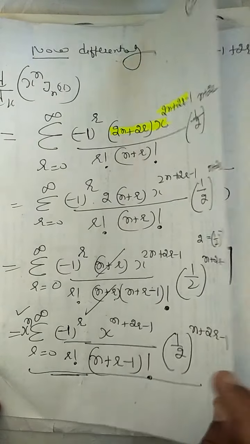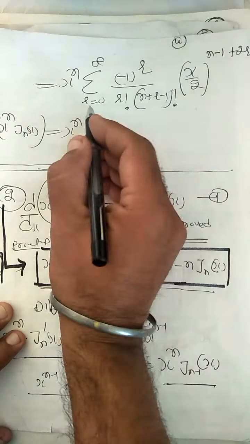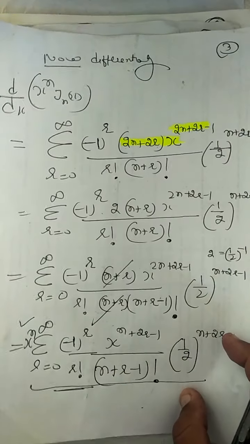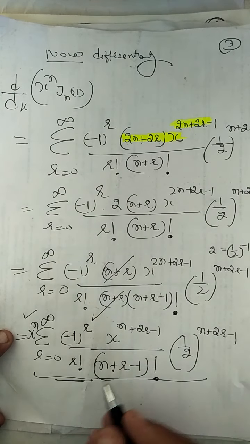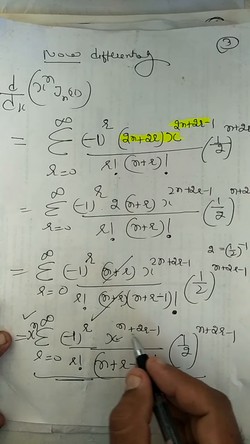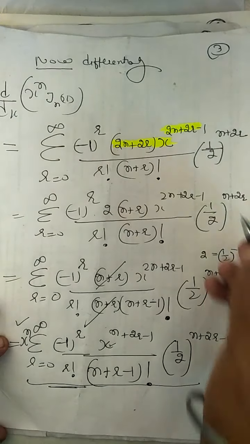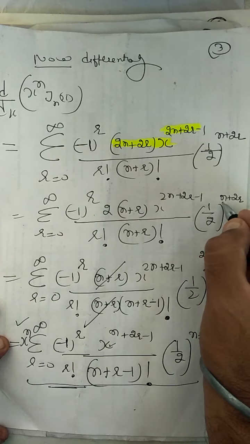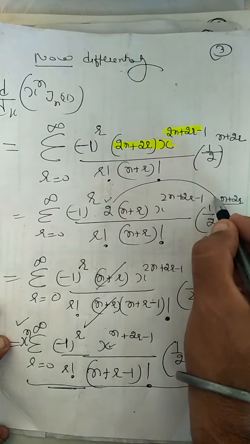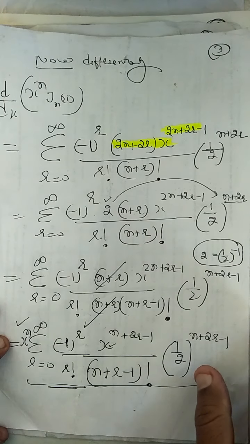Now see the adjustment. Minus 1 raised to the power r. x has the power n plus 2r minus 1, and we have 1 by 2 raised to the power n plus 2r, and this 2 gets adjusted in this, because 2 is equal to 1 by 2 raised to the power negative 1.